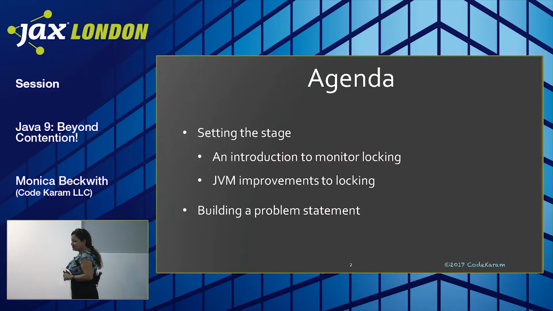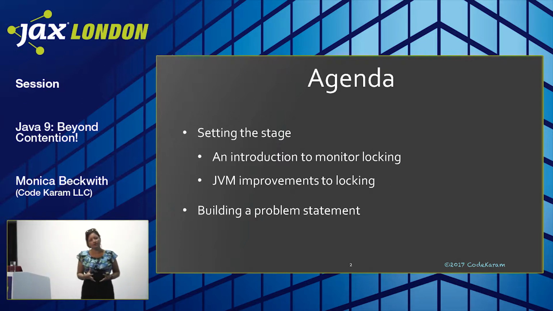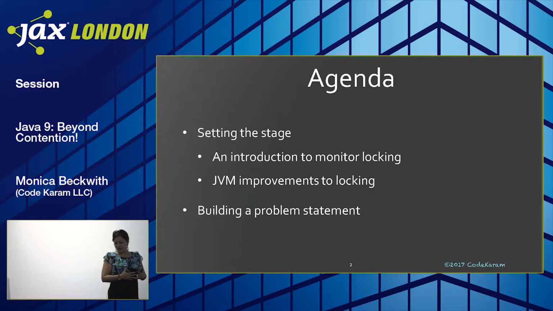So let's talk more about the agenda. I want to give a background on what is monolithic locking, and how that is important. Then what the improvements are up until Java 9, and then we'll build a problem statement.